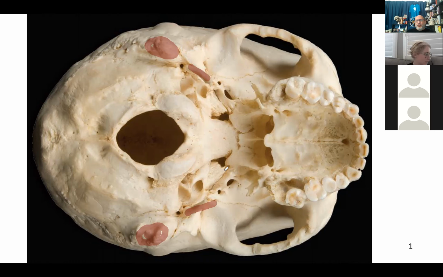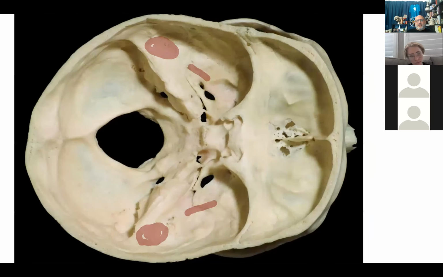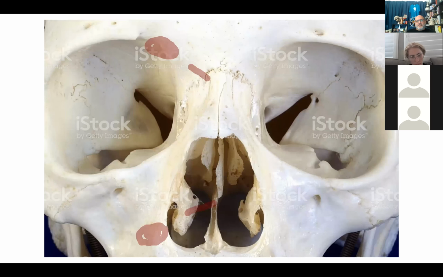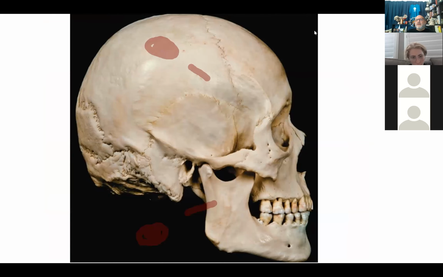But it is this long pointy thing that, if we, here, let's cheat for a second and go back to, here we go. Even better. Big, round mastoid process, long, narrow styloid process.